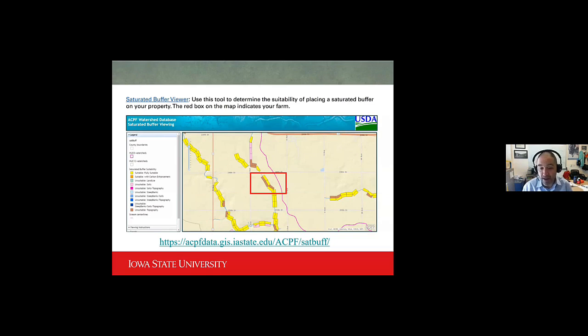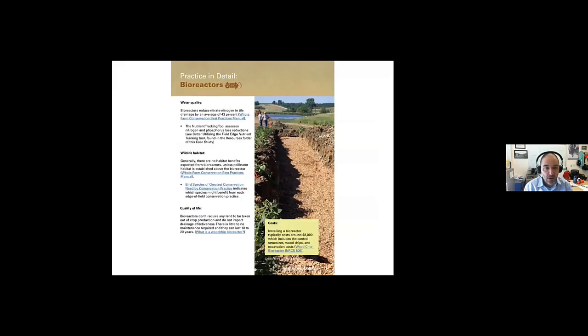I've used this many times, either when I've been curious about some farms that family has, or when we've gotten inquiries about specific parcels that an individual producer is interested in. You can pull this up and say, well, it doesn't look like it's going to work, or, oh, you might be able to look at it for this site.